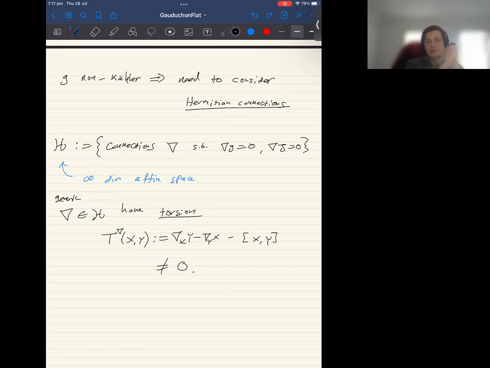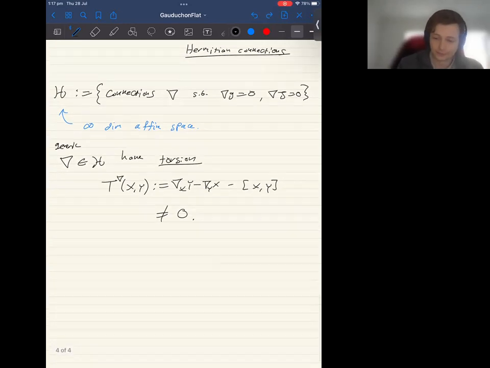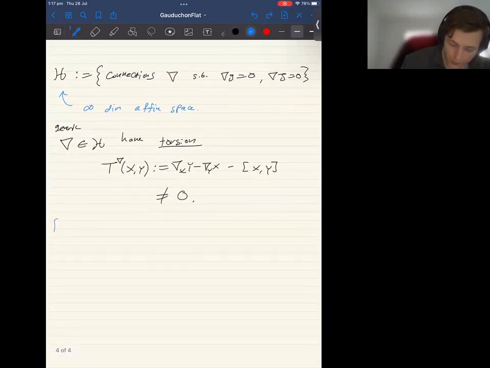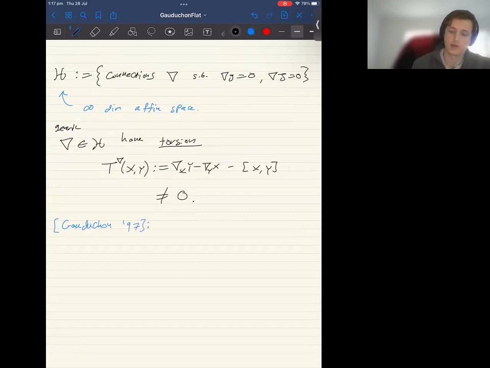So a subspace that collapses to a point in the Kähler case, but is not a point in the non-Kähler case and is still Hermitian, right? So the work of Gauduchon covered this in the 90s. So this is some ideas of Gauduchon in 97.